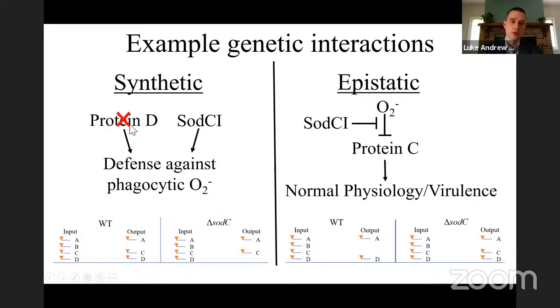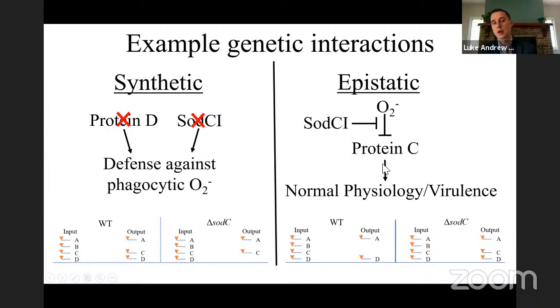So insertions in protein D are going to be represented in the output because we still have defense against superoxide. Now, in a double mutant background, we no longer have this defense against superoxide in the absence of SOD1 and protein D. So this would be represented in the data by decreased abundance or absence of insertion D in our output population in the SOD1 mutant background. That's an example of an interpretation of the synthetic interaction.